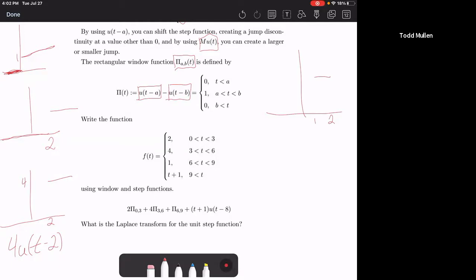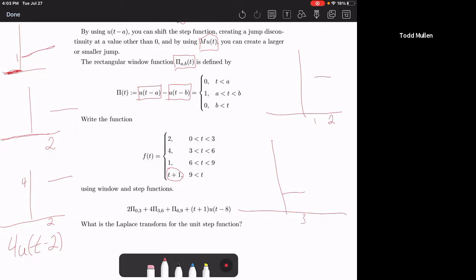Write the function f of t equals 2 when t is between 0 and 3, 4 when t is between 3 and 6, 1 when t is between 6 and 9, and t plus 1 when t is greater than 9, using window and step functions. So this graph is going to be equal to 2 from 0 to 3.